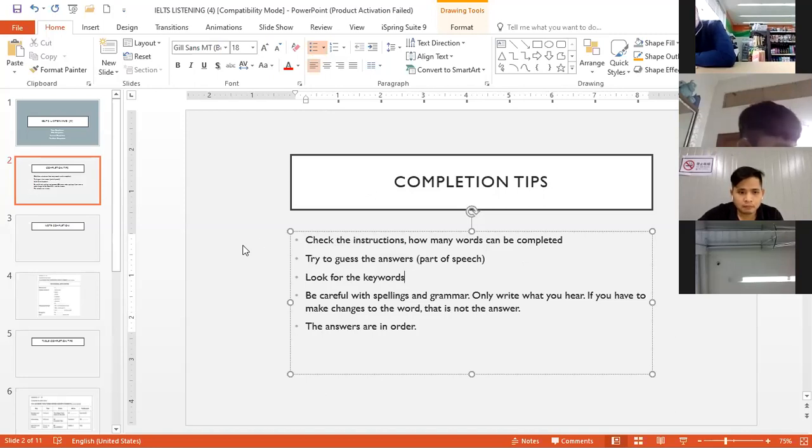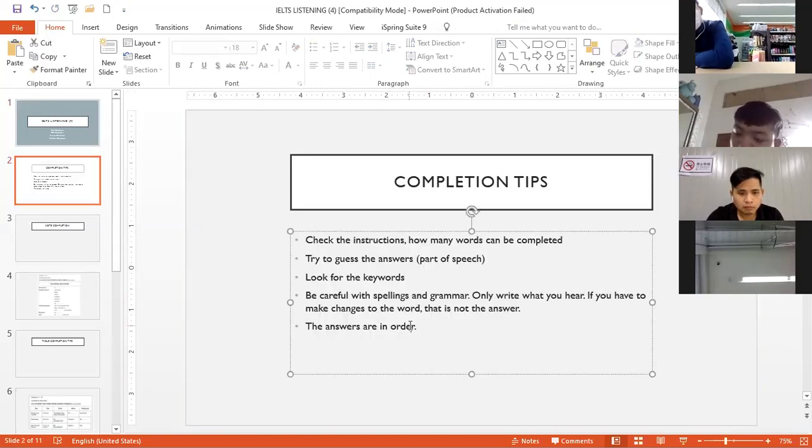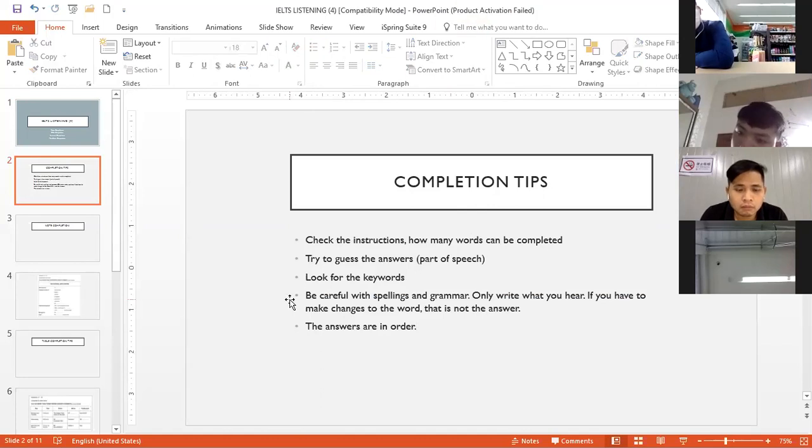In general there are many kinds of completion: like I said earlier, we have notes, table, sentence, flow chart, summary, and form completion that we did a while ago, a month ago, I think. Okay, let's assume that's all.